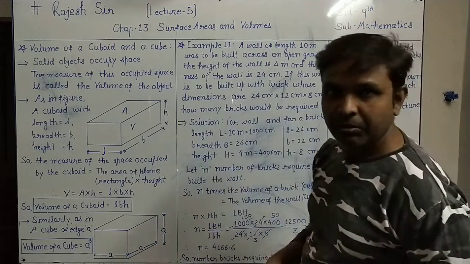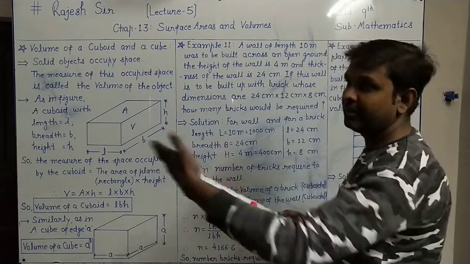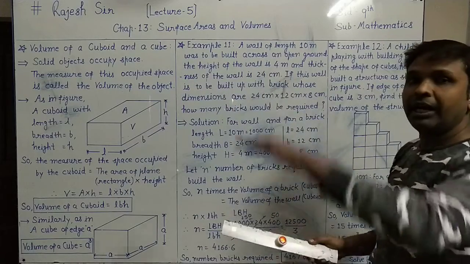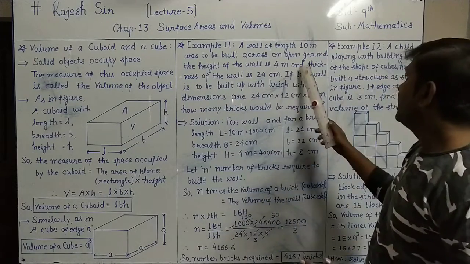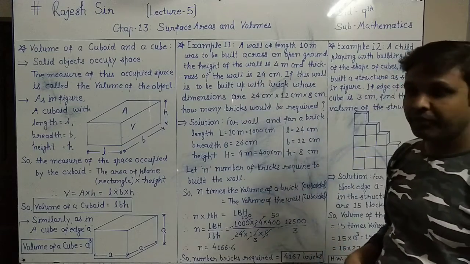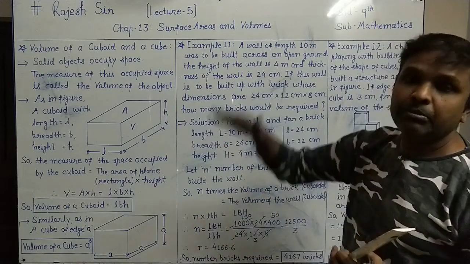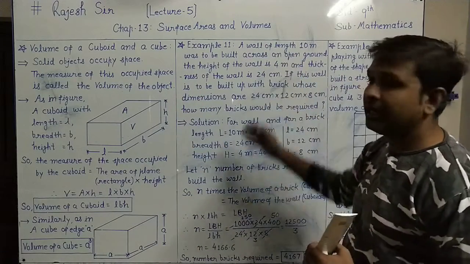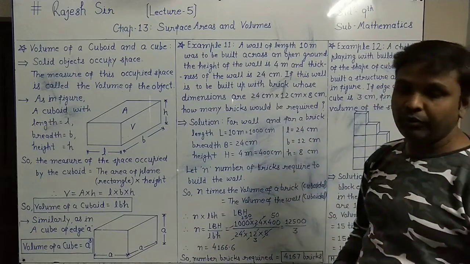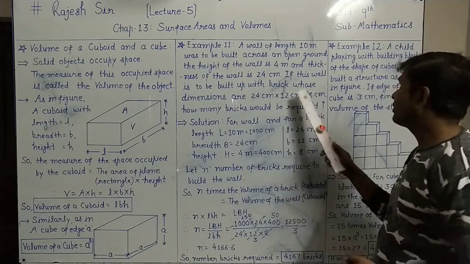Its height must be 4 meter, and the thickness of the wall is 24 centimeter. That type of wall we want to build on open ground.